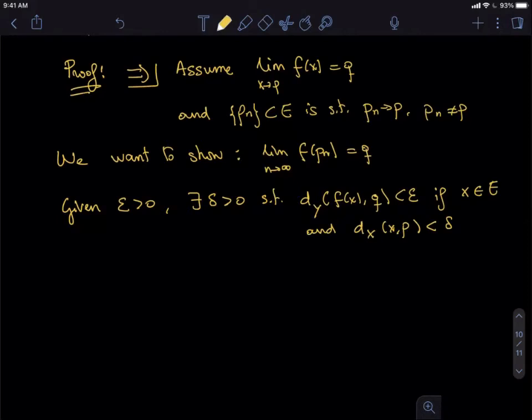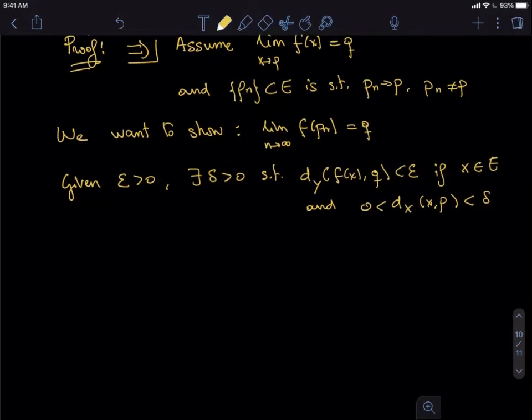Obviously, the distance also is positive. As in the definition, that means that the two points are different. Now, this is one side, and then the other thing that we have is that pn converges to p.